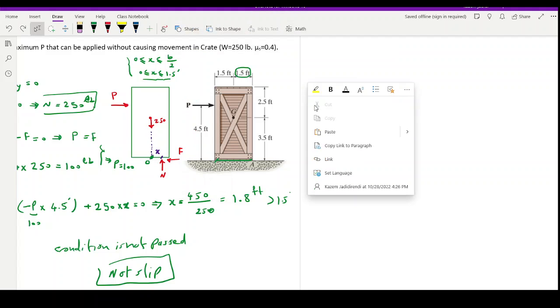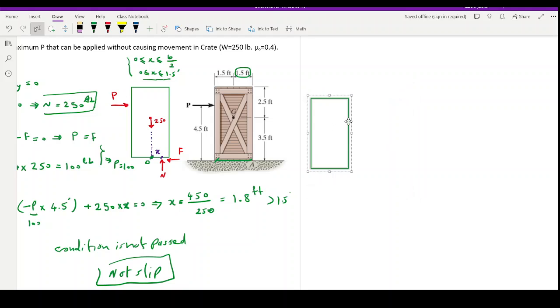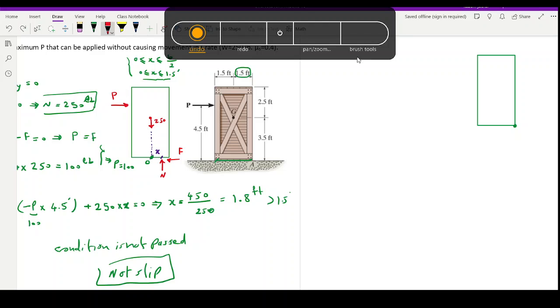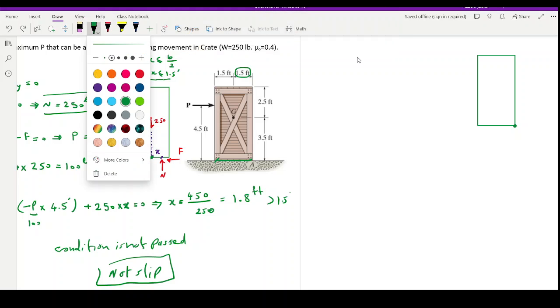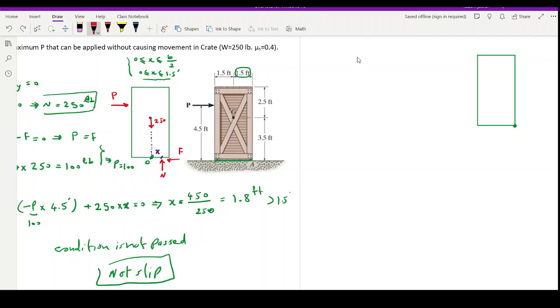Like I said, because tipping over occurs about this corner, we should move the reactions and also friction to this point, because it's going to tip over this point.